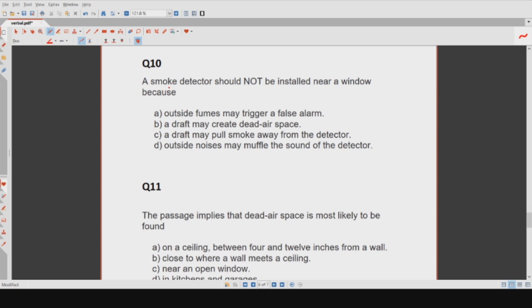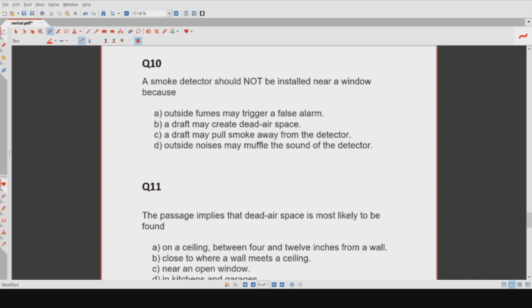Okay. Question 10. A smoke detector should not be installed near a window because the options given are: outside fumes may trigger a false alarm, a draft may create dead air space, a draft may pull smoke away from the detector, outside noises may muffle the sound of the detector.